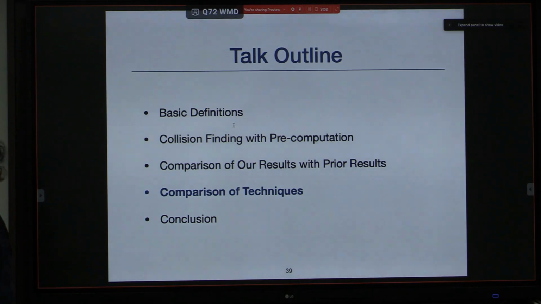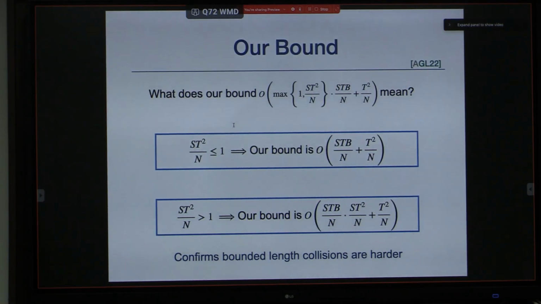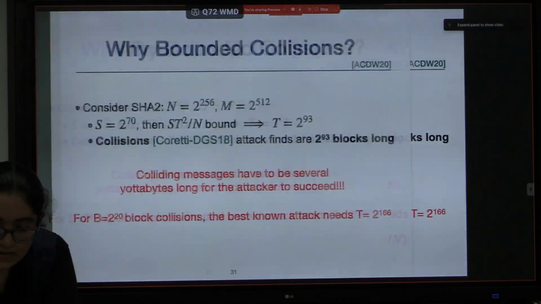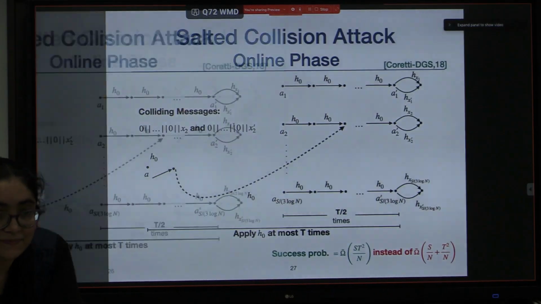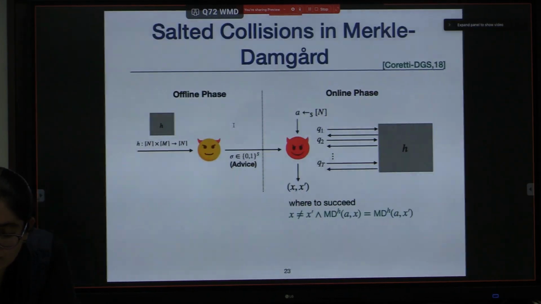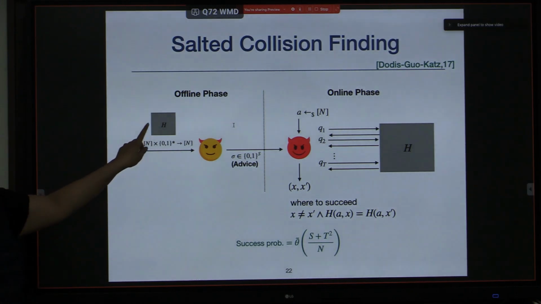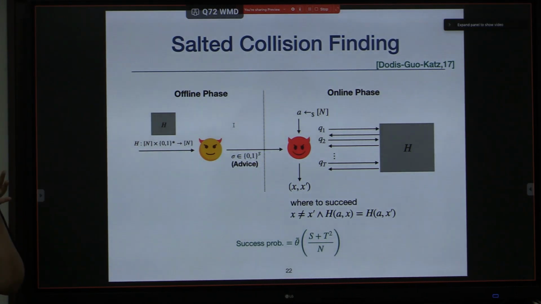Any questions? Yeah, just to clarify, what is optimal security? When you had this hash function, you thought of the hash function as a random function, and this was how you model it, and then the advantage we showed was S plus T square over N. So optimal security is S plus T square over N. We didn't have the Merkle-Damgård structure.